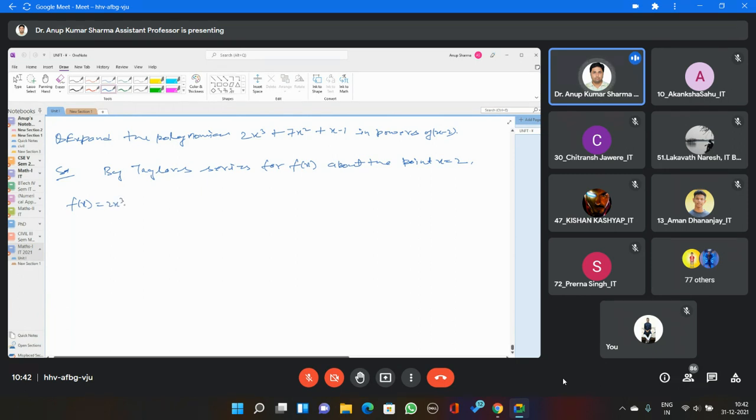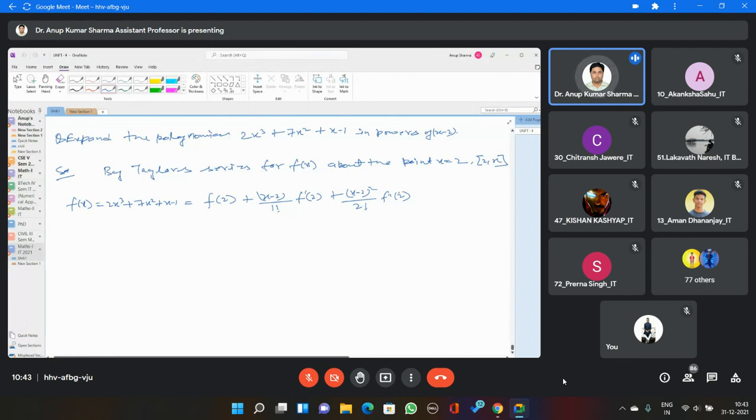f(x) is equal to 2x cubed plus 7x squared plus x minus 1. The interval is x equal to 2, so f(x) is f(2) plus (x minus 2) over factorial 1 f dash of 2, plus (x minus 2) whole squared over factorial 2 f double dash of 2.